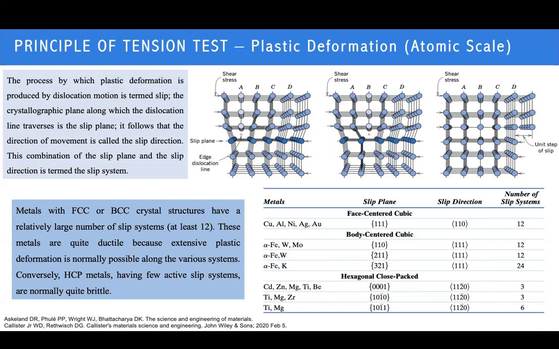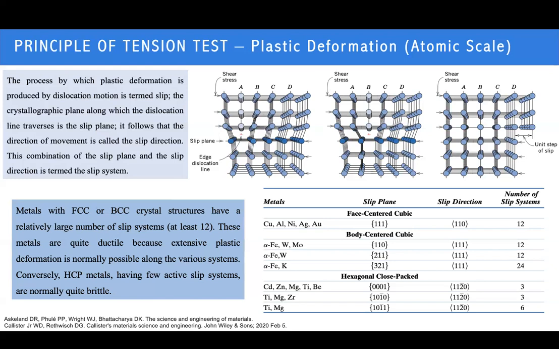Depending on the type of crystal structure of the material, they have a different number of slip systems. For example, FCC and BCC have a relatively large number of slip systems. The minimum number is 12. So that's why they give the highly ductile nature of the material.